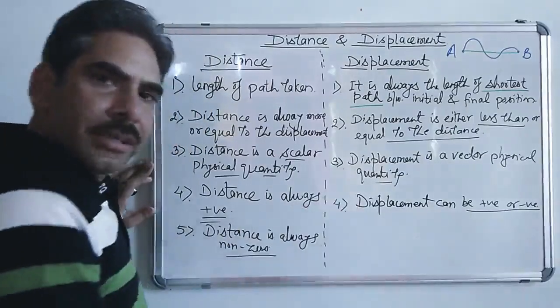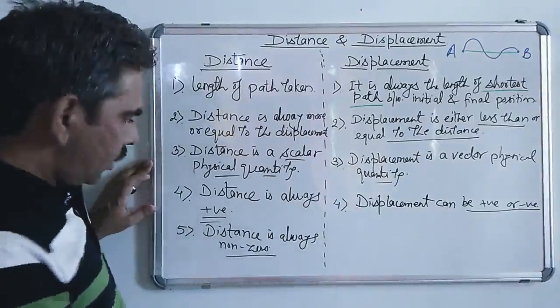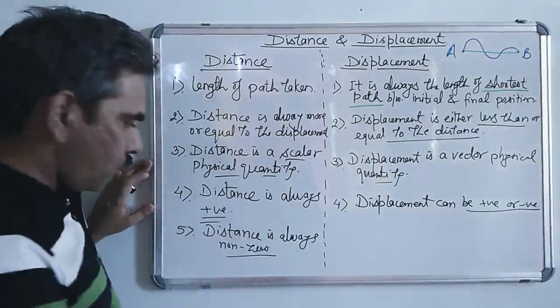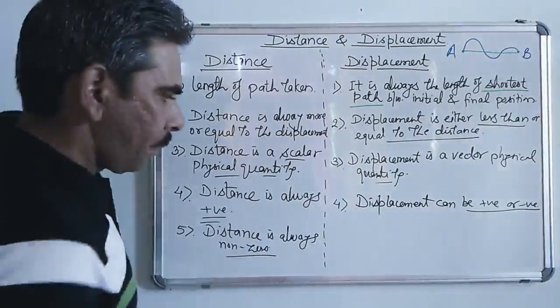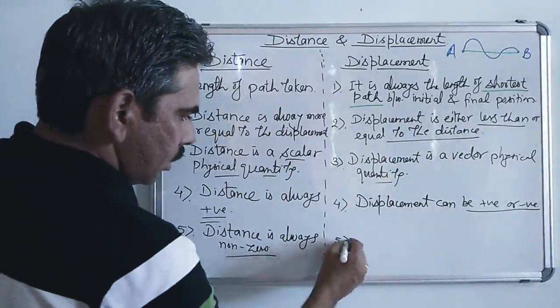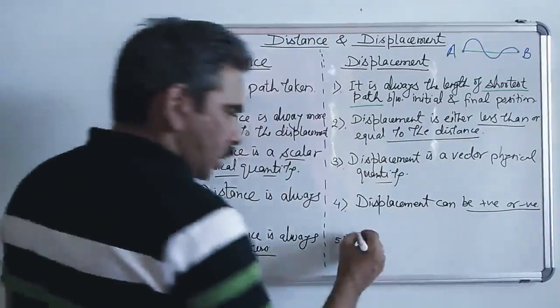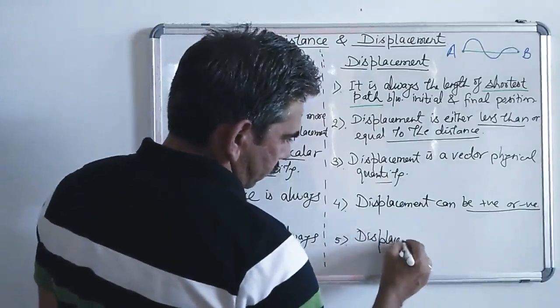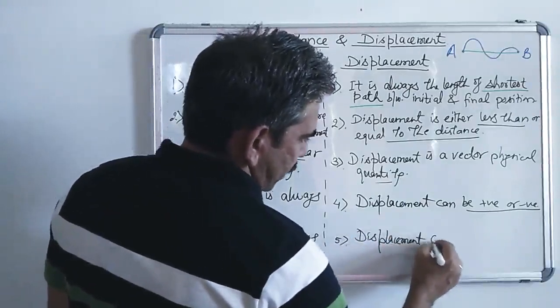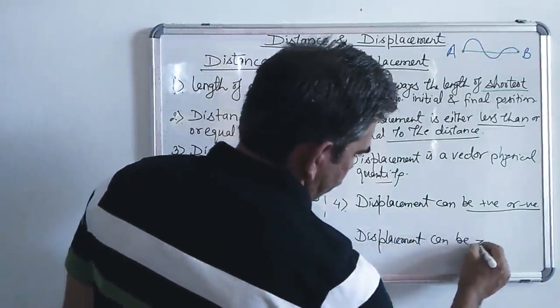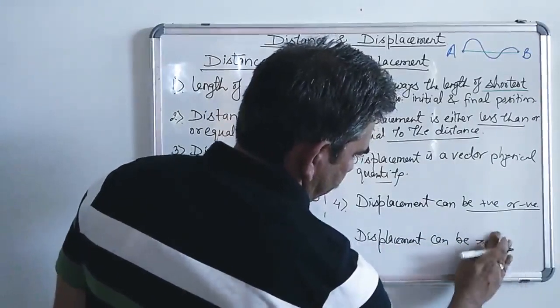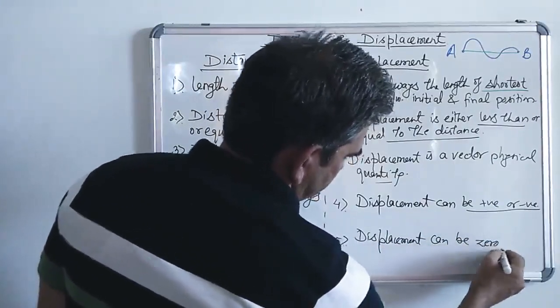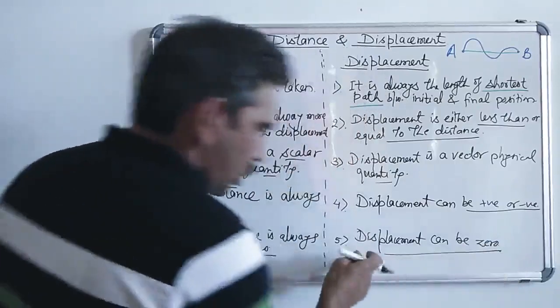When the journey started, motion of the object started, distance has attained some value, so it becomes non-zero. Whereas after completing the journey, displacement can be zero.